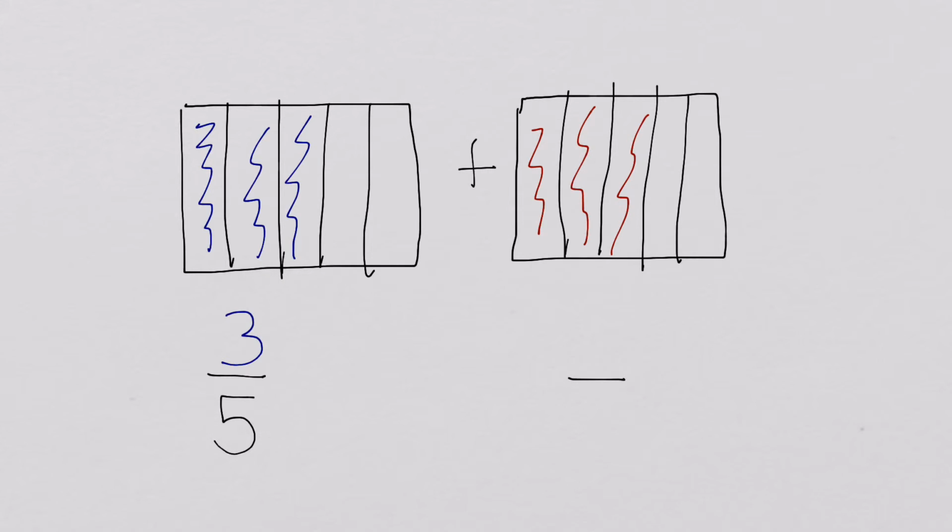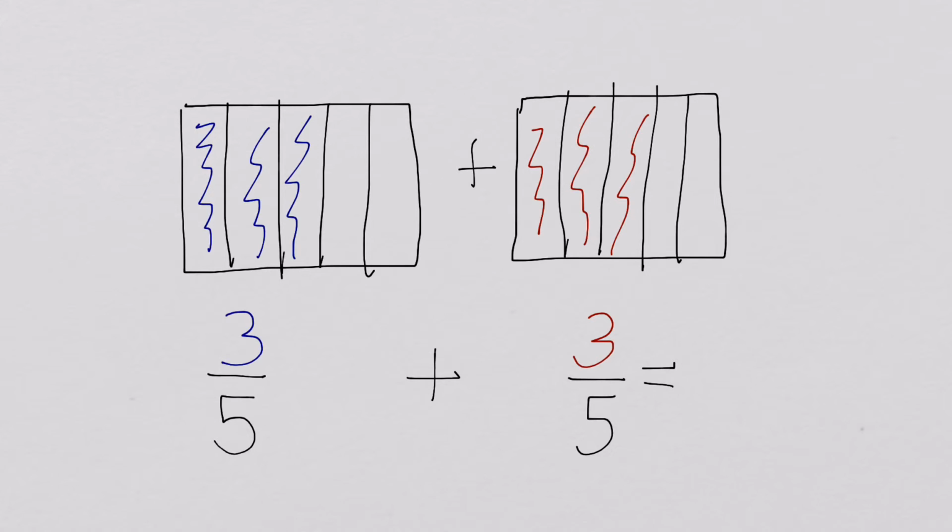Now when we looked at the other one, we also noticed, 3 sections are filled in, and it's out of 5 pieces total again. So we're basically adding the same number to itself, 3/5 plus 3/5. But when we add them together, what's going to happen?